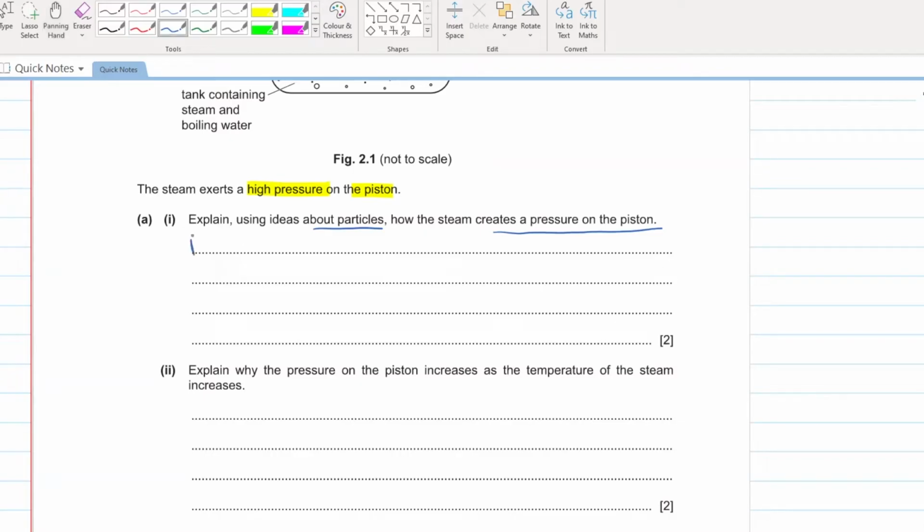You can write this: particles hit the walls of the container and exert a force on the wall.